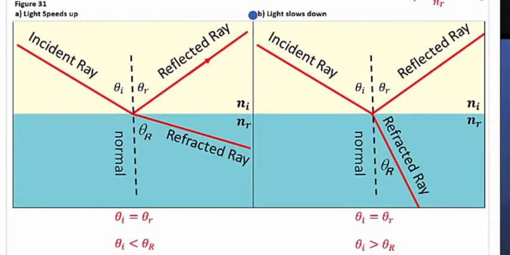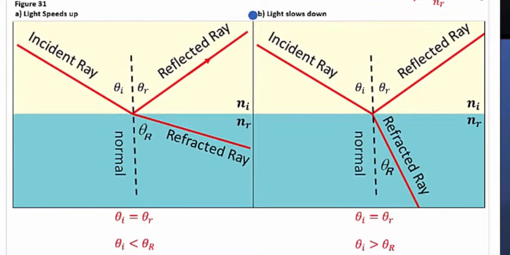Now, in summary, the angles of incidence, reflection, and refraction are all measured with respect to the normal. And the angle of incidence and angle of reflection are always the same.